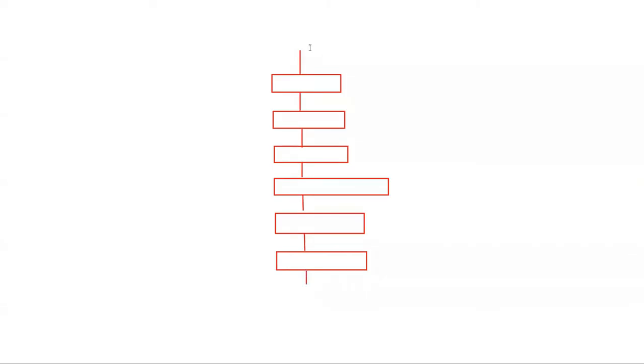So the input is the high level language program. Where are we giving this input? We are giving this input to the first phase of the compiler, that is the lexical analyzer.